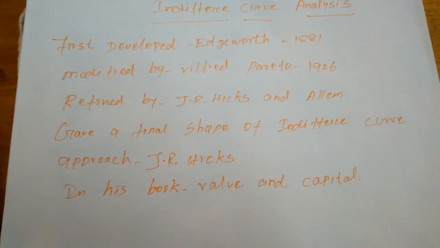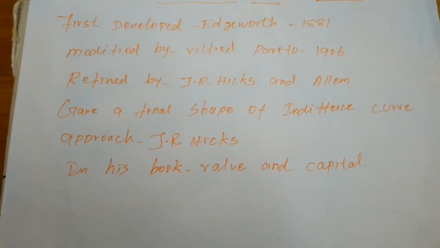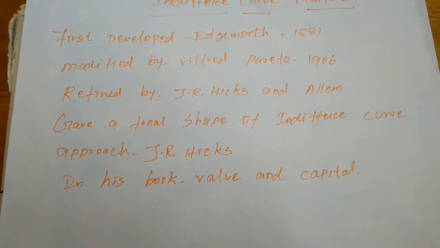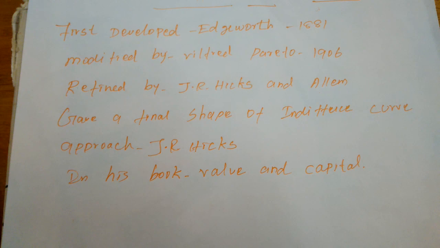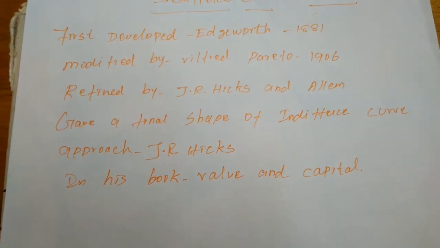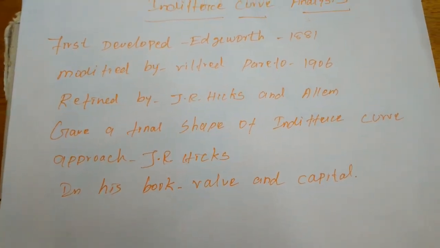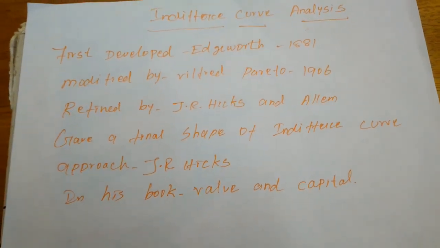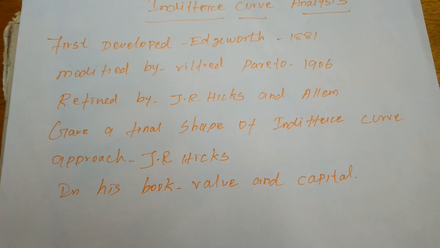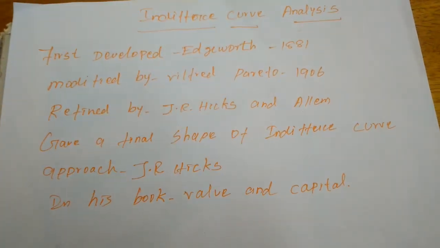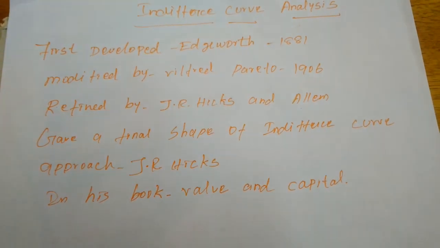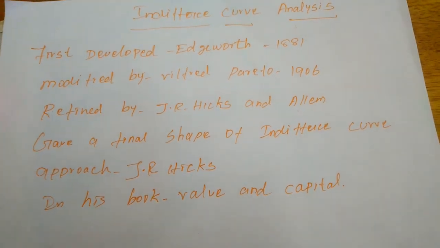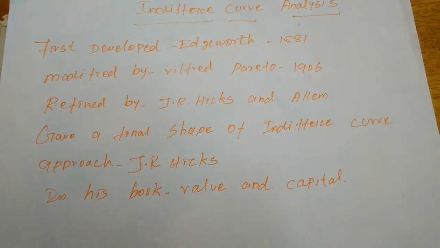By explaining this ordinal method, we must adopt some assumptions. First, the consumer is rational and his aim is to derive maximum satisfaction. Whenever he consumes any commodities, he wants to get more satisfaction from them.